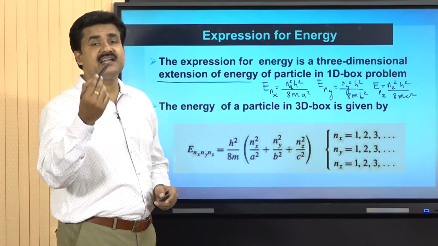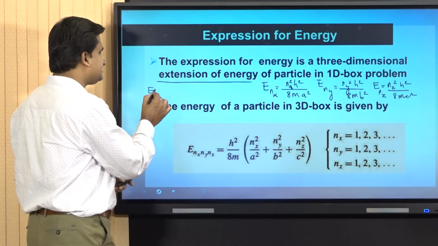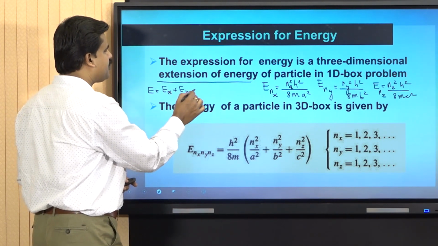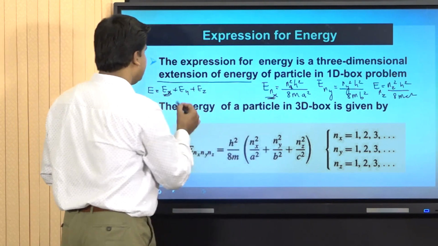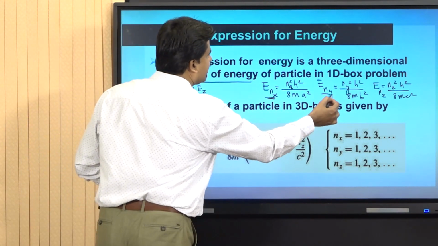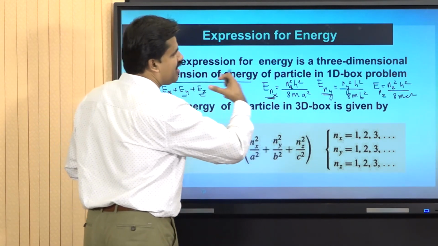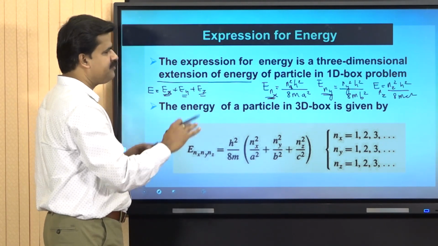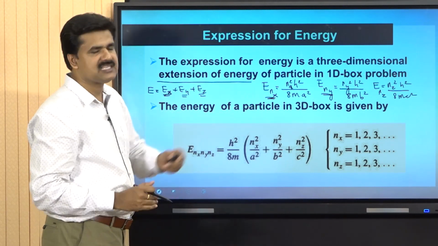We already learned the relation that total energy is equal to Ex plus Ey plus Ez. Ex is Enx, Ey is Eny and Ez is Enz. Therefore, by adding these three terms together, we will get the total energy of a particle in a 3D box.